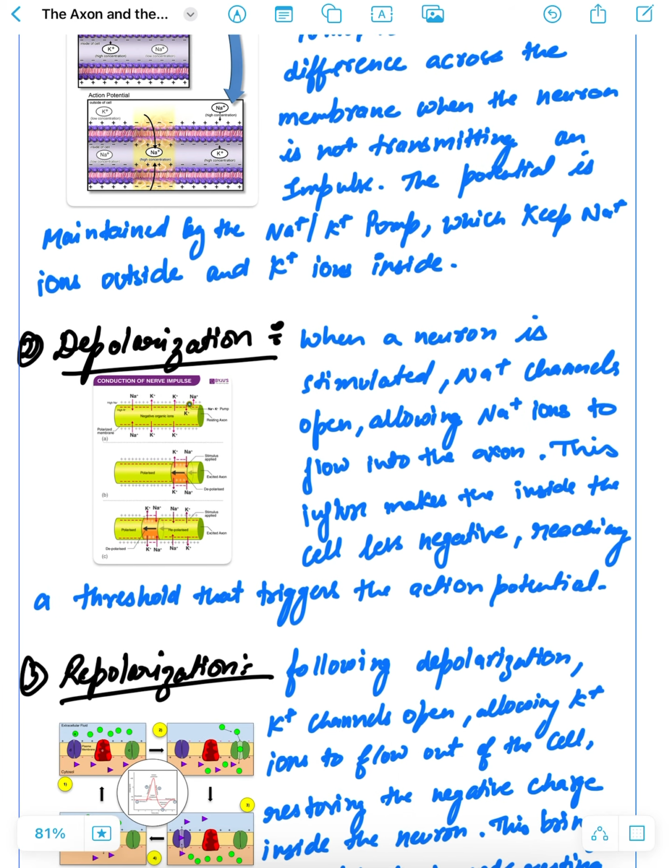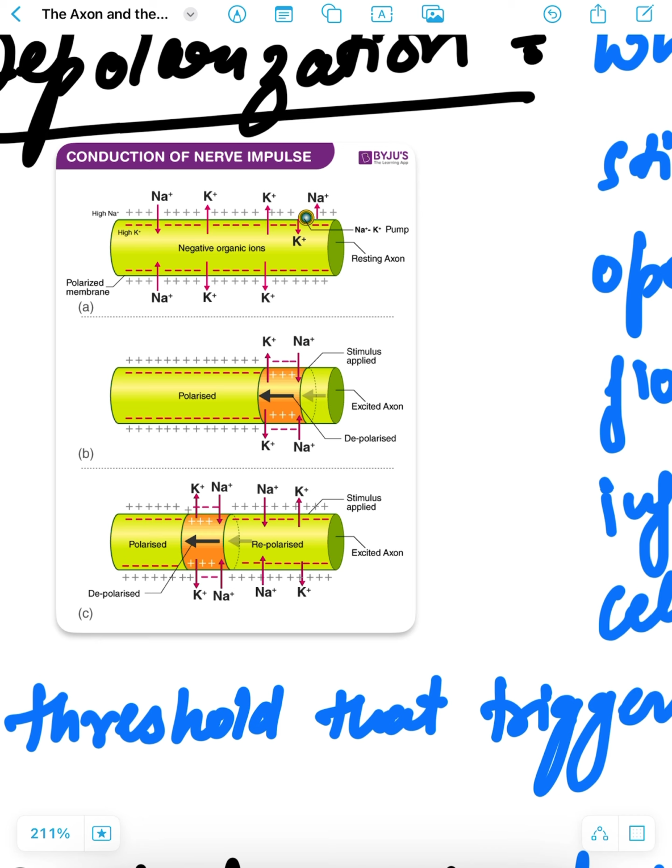Depolarization. Let's talk about depolarization. Can you see this diagram? In the polarized membrane, you see the negative organic ions are very high inside, the potassium is also very high, and outside the cell the concentration of sodium is very high.